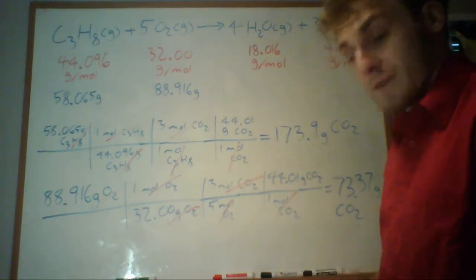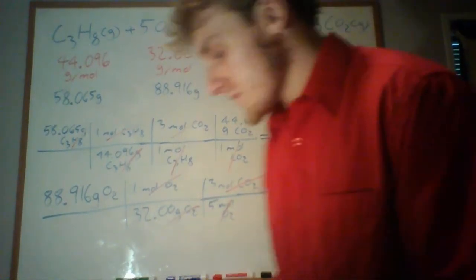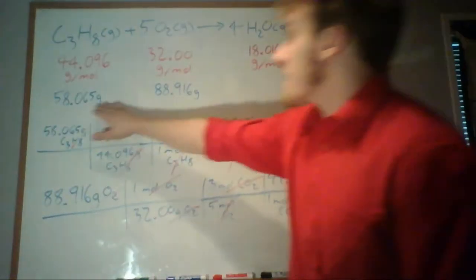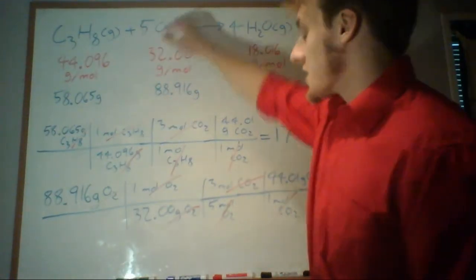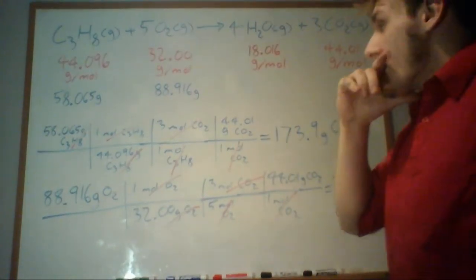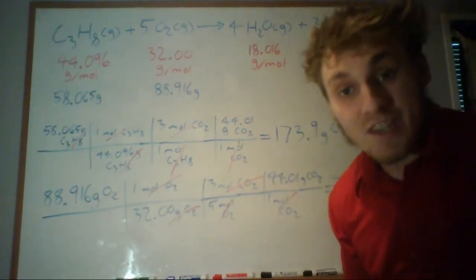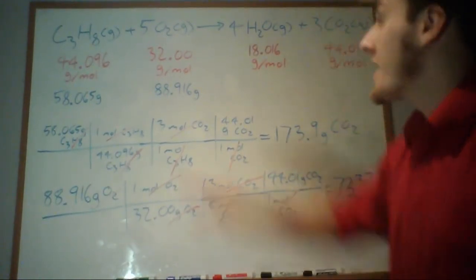All right, we've just figured out a few things here, actually. Given this much propane initially and this much oxygen initially, what we found out is that our limiting reagent is actually going to be oxygen.